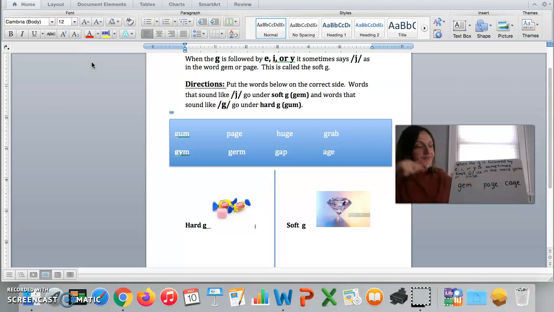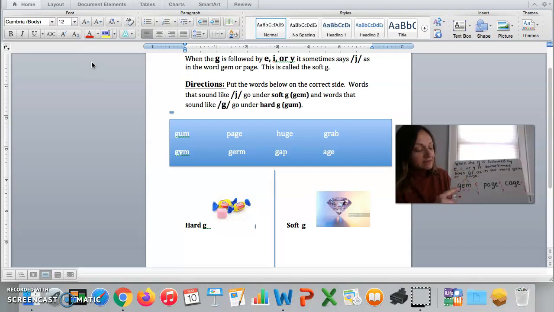So, if we look here on our word, we see a CVC pattern. First of all, we notice our CVC pattern. We know when there's a consonant at the end of a word, our vowel will be short and it says its sound.